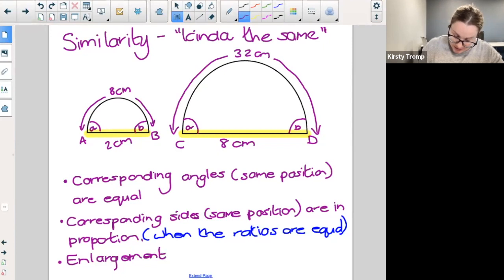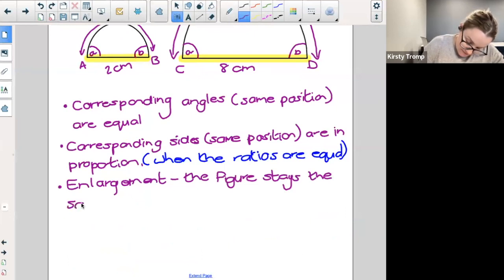An enlargement is when the figure or the shape stays the same.